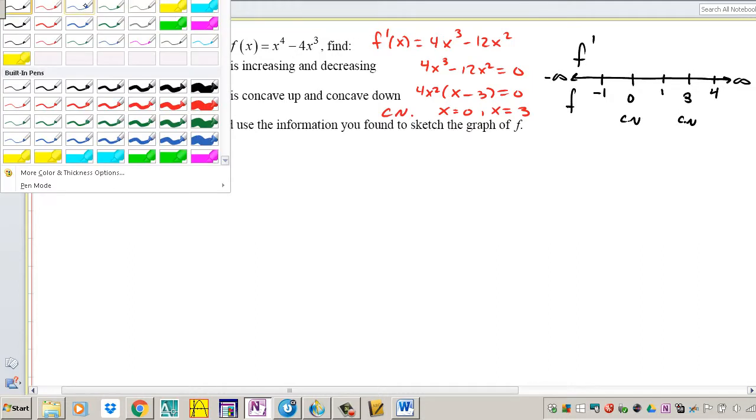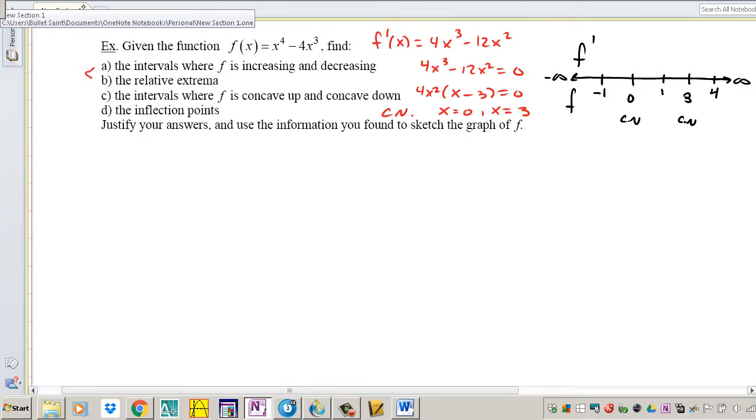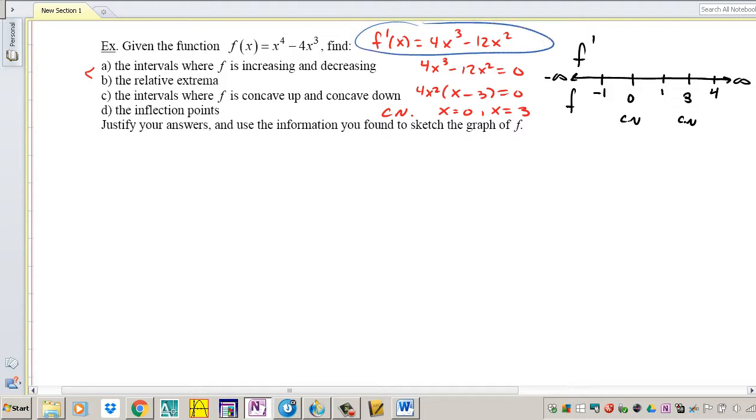And now I'm going to plug those numbers into my derivative, which is right here. f prime of -1. Determine the sign, and that is 4 times -1 cubed minus 12 times -1 squared, which is -4 minus 12, and that is negative.